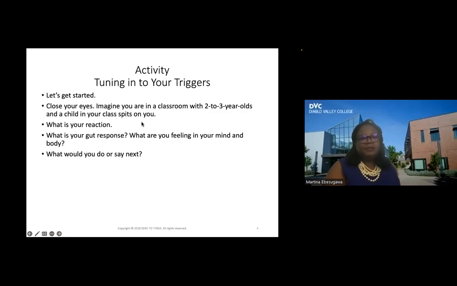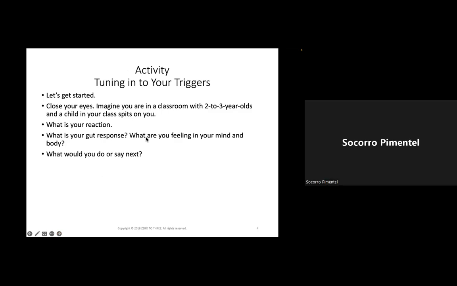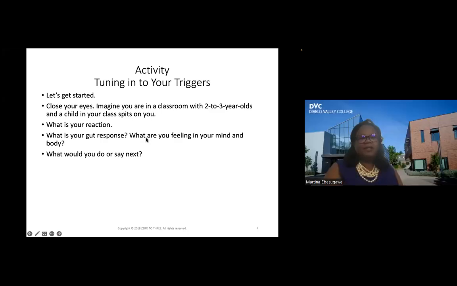Sophia says it would depend on whether it was purposely or an accident. Yeah. What would you do next? You might ask the child how they're feeling. What else would you do? Wipe my face. Yes. Ask the child why they did that.